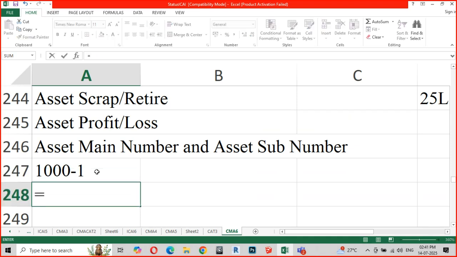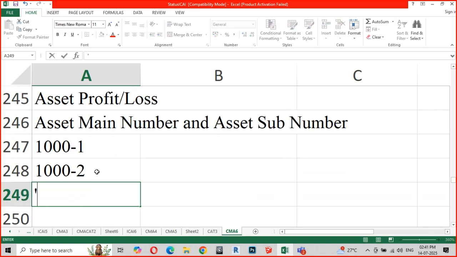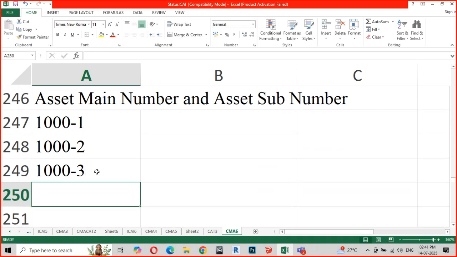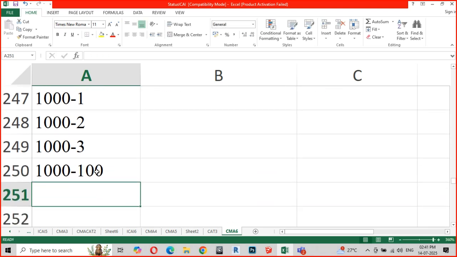The second chair will get 1000-2, and so on till the last one. All these are chairs. Can you see that they are identified by the main number 1000? Only the sub number changes.